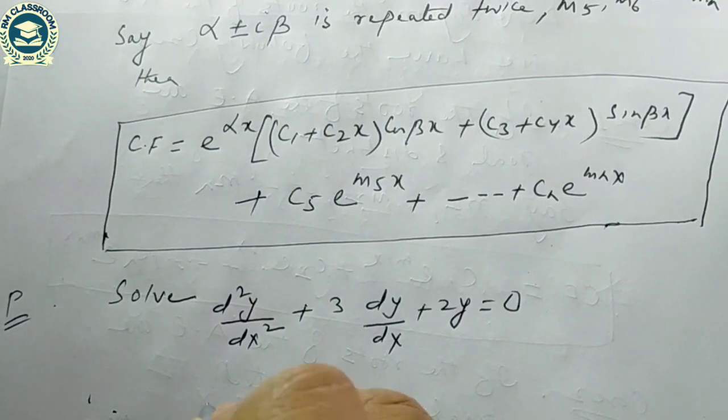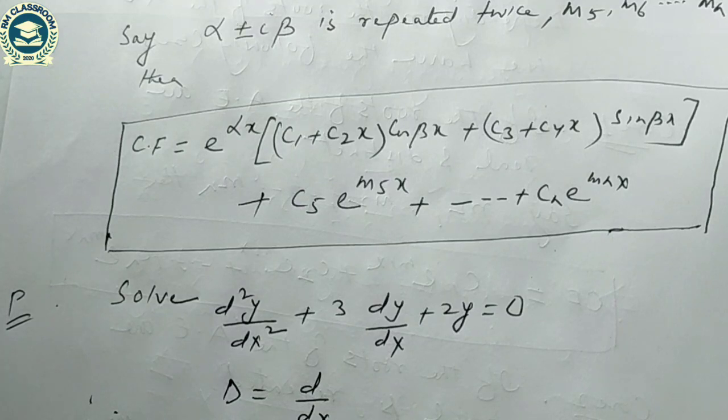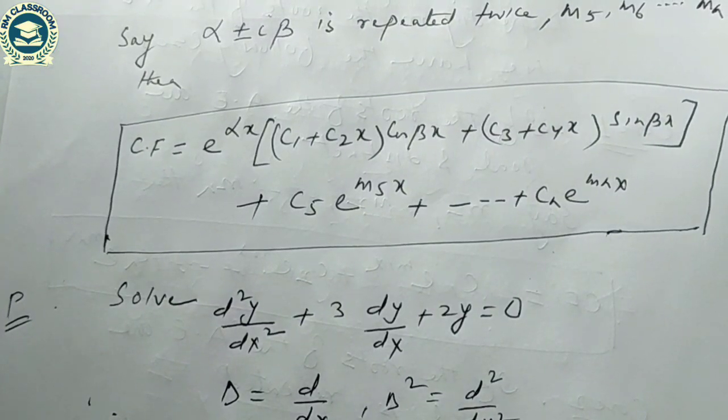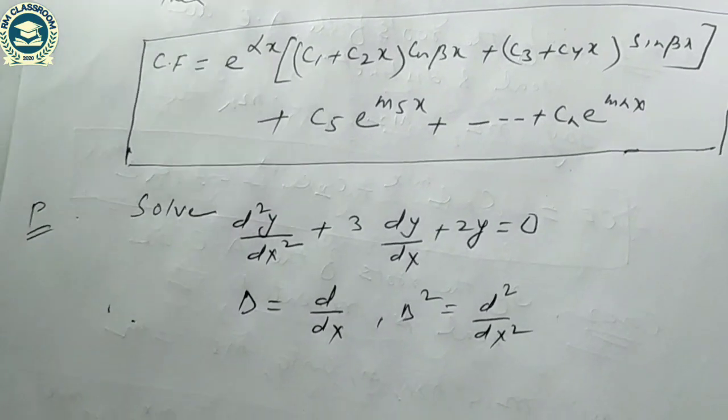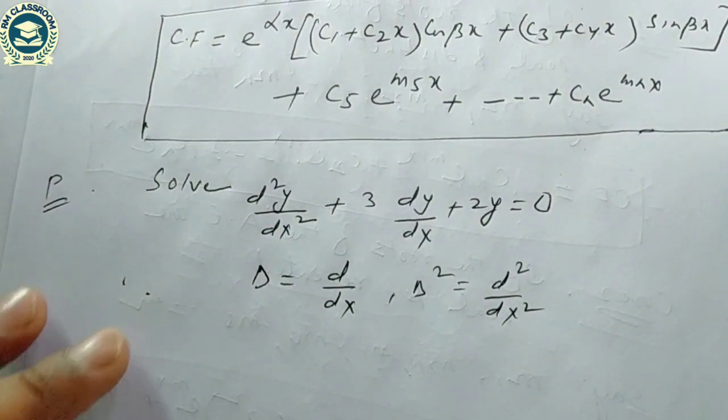So here, as I told you, D is equal to d upon dx, D square is equal to d2 by dx square. Similarly, we have to take D^n is equal to d to the power n by dx to the power n.